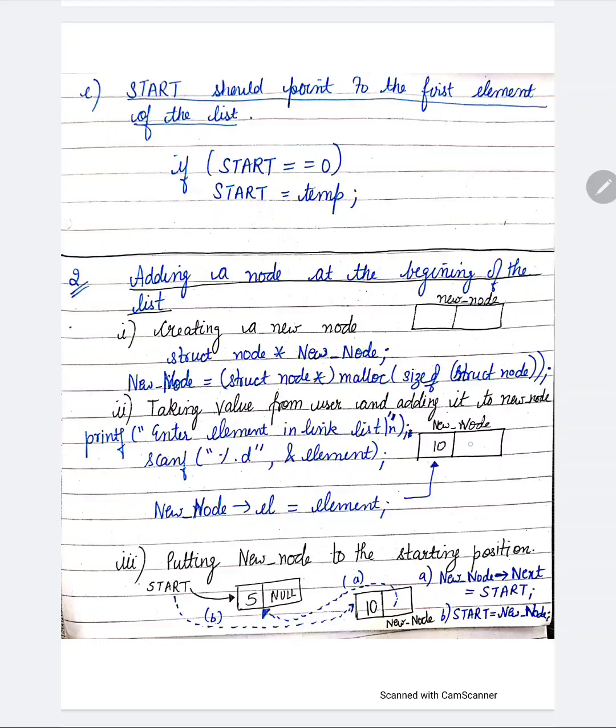So the first thing that we are doing is in the new node next we should have 5, and where is the address of 5? In the start. So that is what we have written, new node arrow next equal to start, and then start should point to this new node, so we will set start equal to new node.